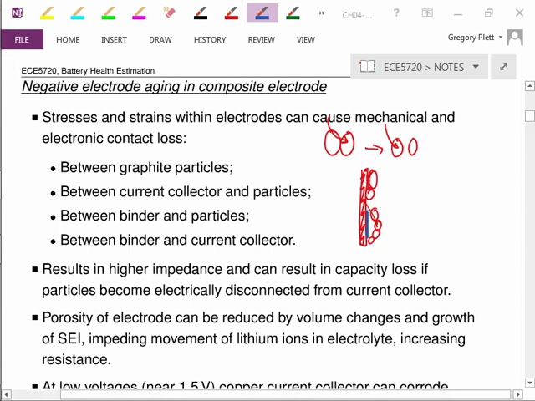So I may lose capacity because I completely disconnect from the matrix of particles, or I just may gain resistance because there's not the simple electronic path that I started with.